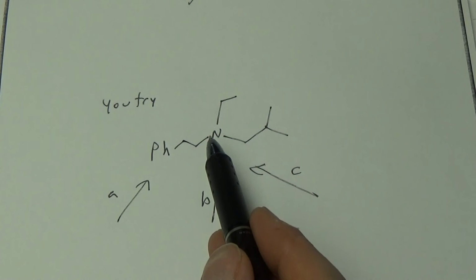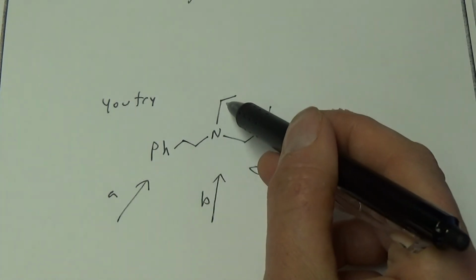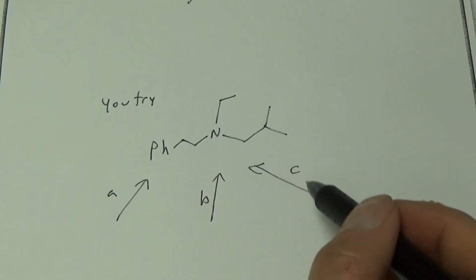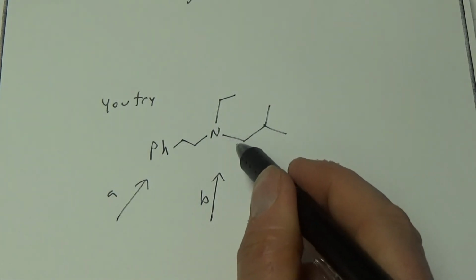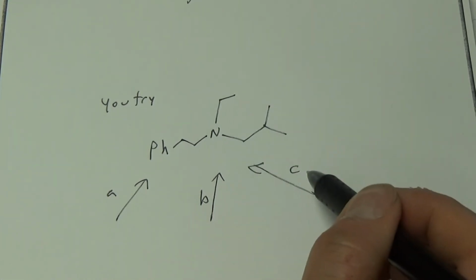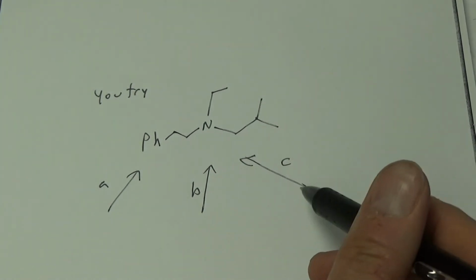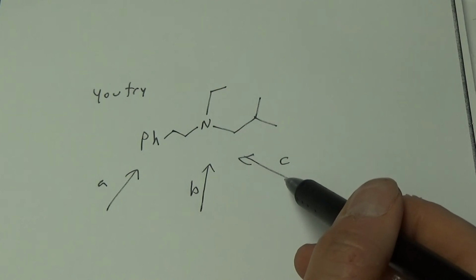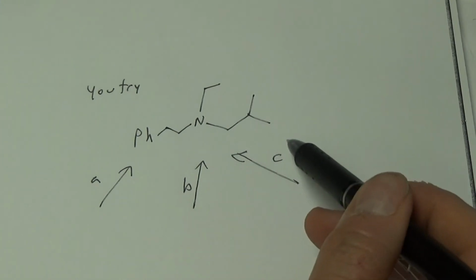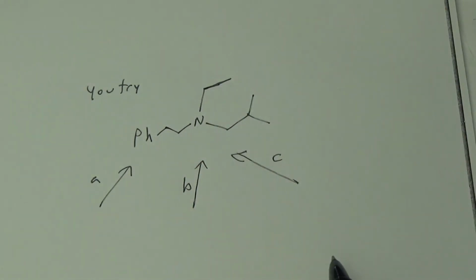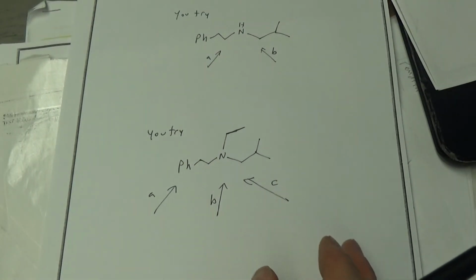So you can imagine an iminium there, maybe for A. You can imagine maybe an iminium there for B. Or you can maybe imagine an iminium there for C. Once you have those, you can make iminiums from secondary amines and probably aldehydes, I think, in these cases. So you could try that also as another synthesis practice for reductive amination.